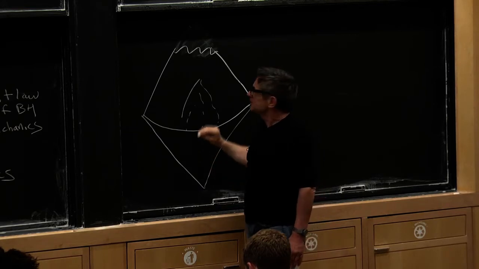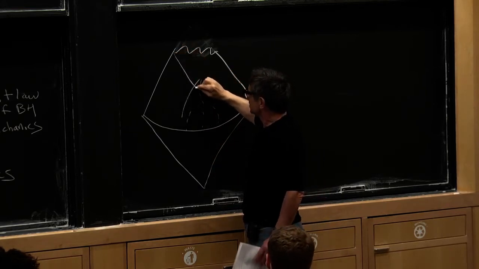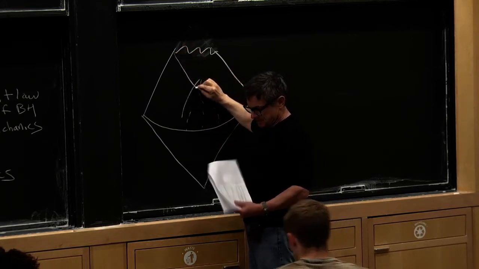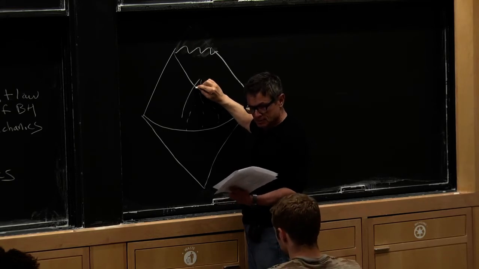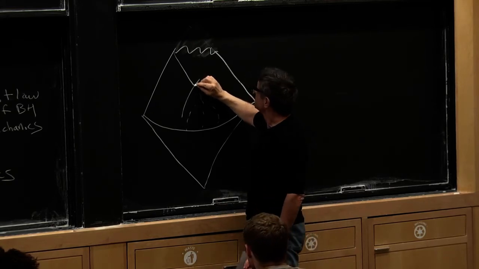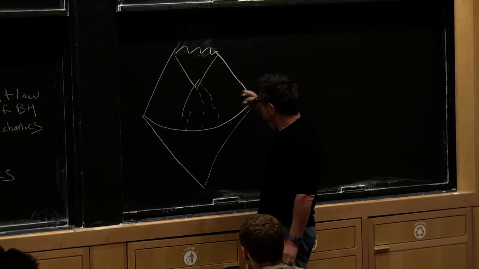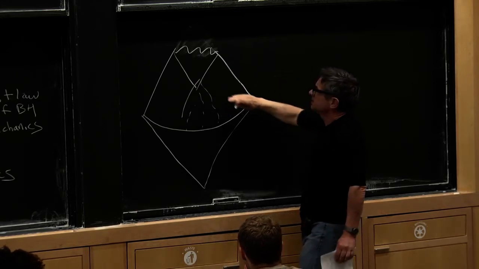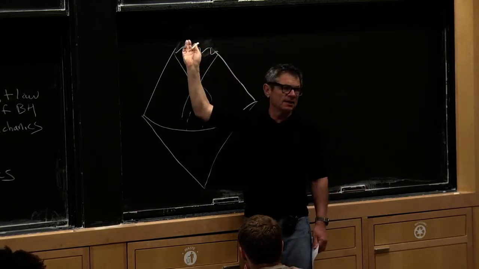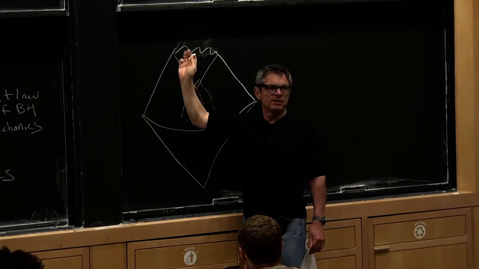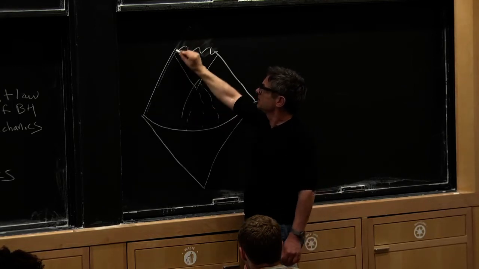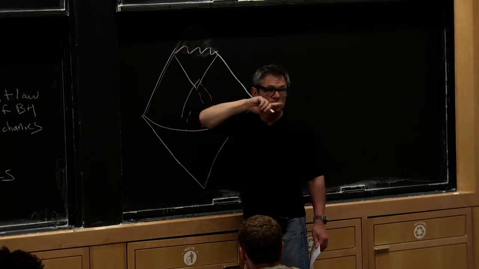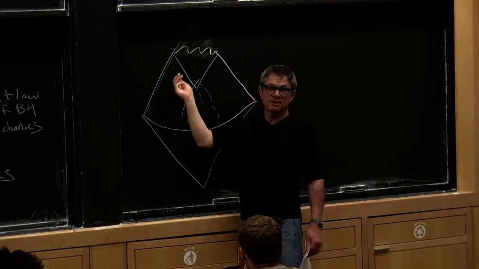But the cosmic censorship conjecture says that you might make a singularity, but there'll still be a null infinity, which is geodesically complete.